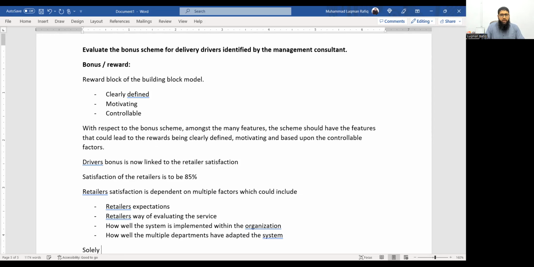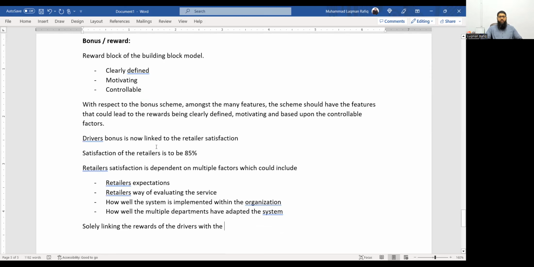So solely linking the rewards of the drivers with the retailer satisfaction could be unjust as that is beyond the control of the drivers.